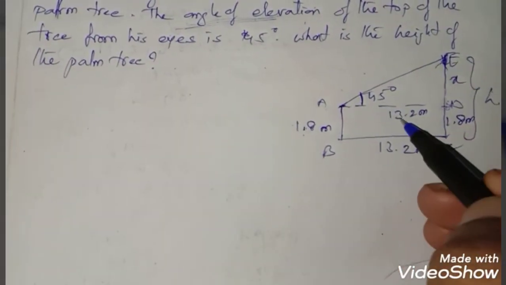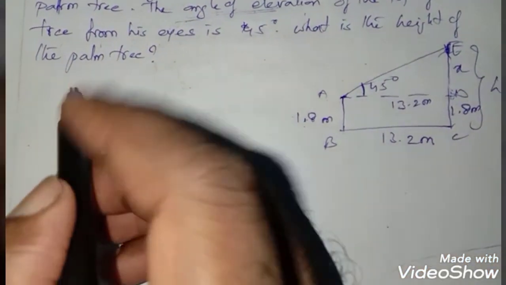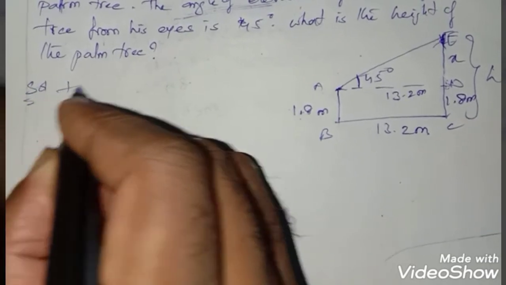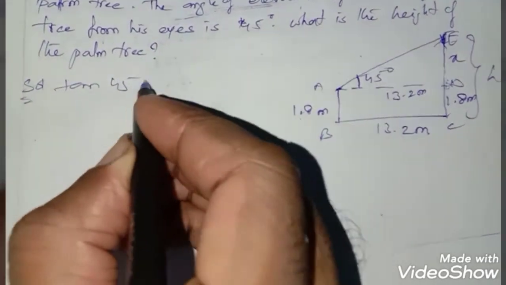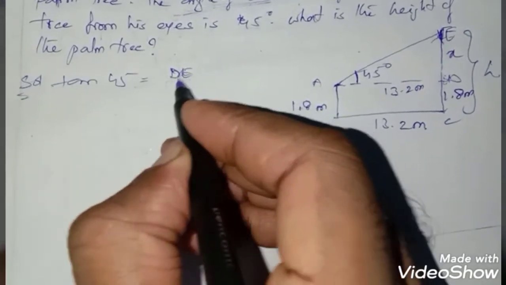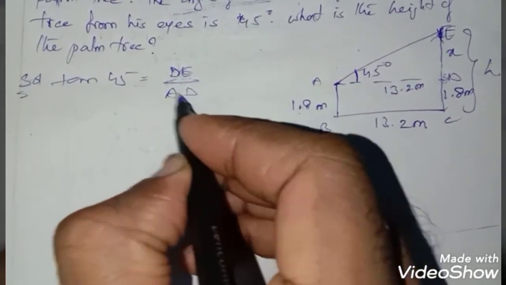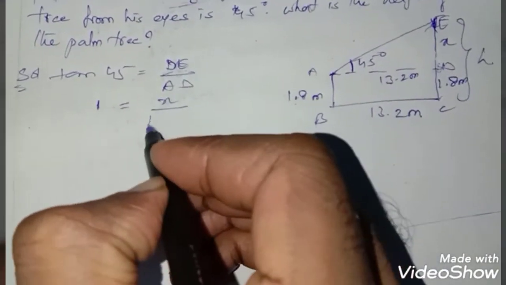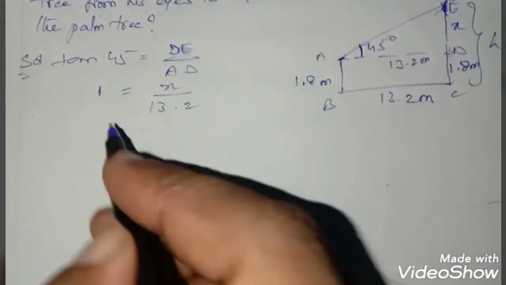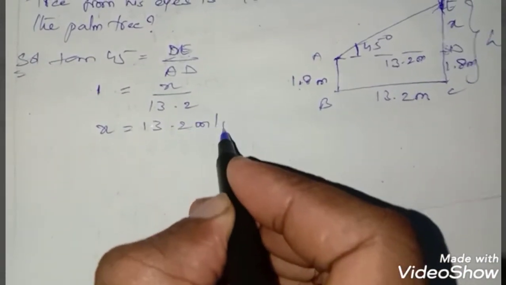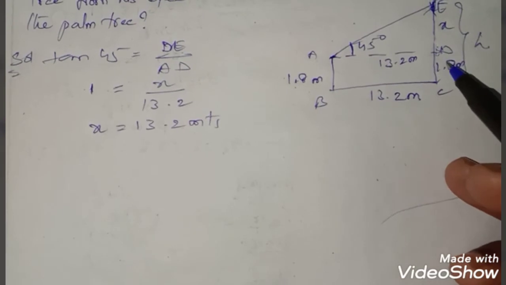This is opposite and this is your adjacent side. Opposite and adjacent come in tan. So tan 45 is equal to x, that is DE, divided by AD. Tan 45 value is 1, equal to x by 13.2. If I cross multiply, x is equal to 13.2 meters, which means the length of DE is 13.2.